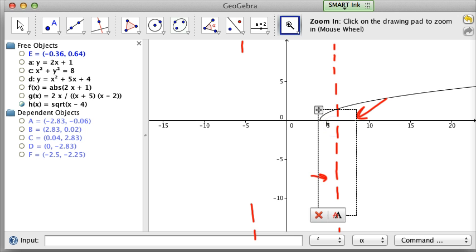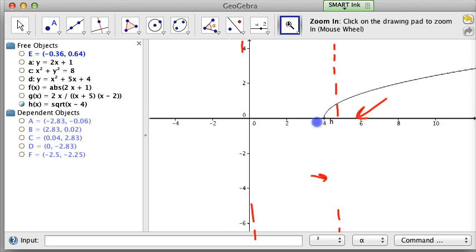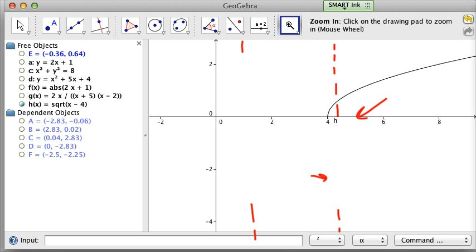I'm going to zoom in here so that we can zoom into that spot. If you notice, it starts at 4. And let me get rid of some of this so we can look at it a little closer. Notice it starts right here, and my domain goes all the way to the right. And my range also starts there and goes all the way up.